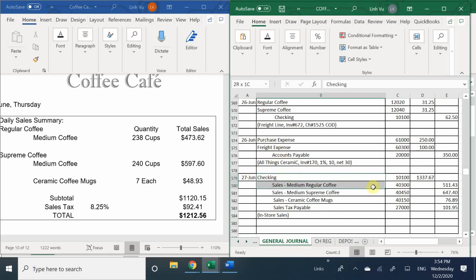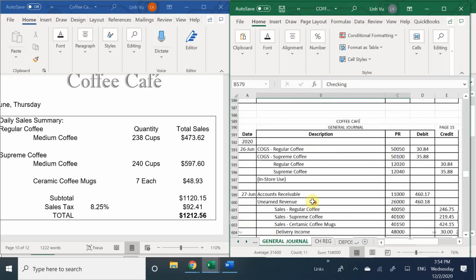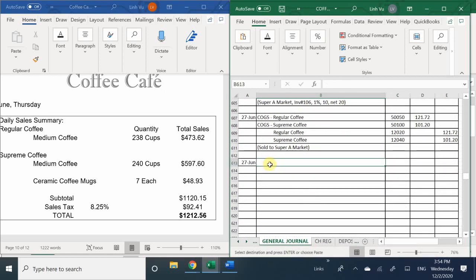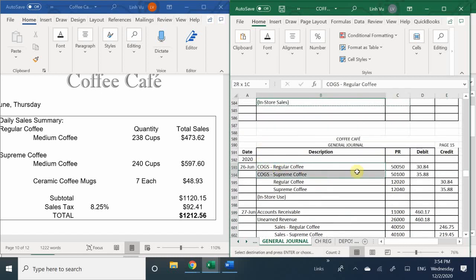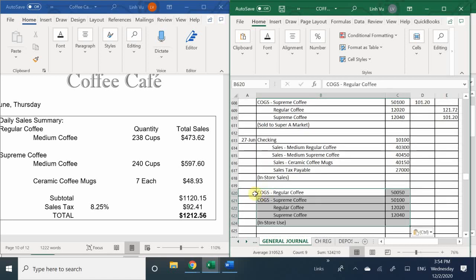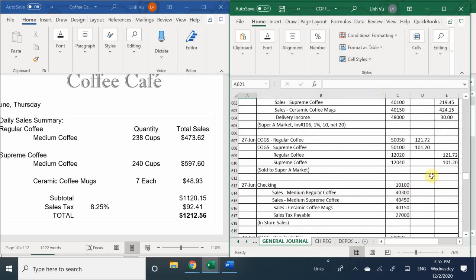Yes, I'm locating it. So it's this one right here. Yes, you guys can do that, to save some time. And I'm also going to do the cost of goods sold as well. Okay.